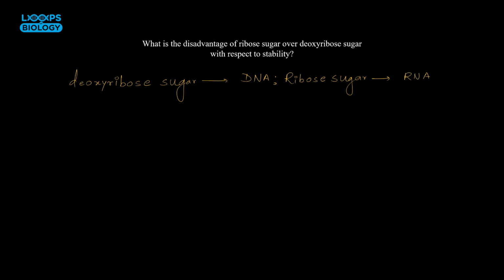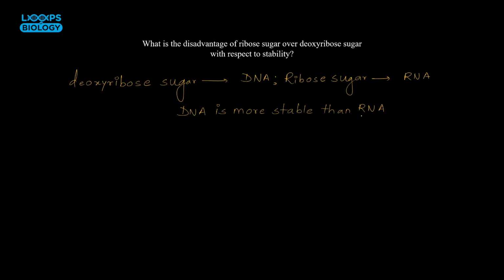Now, DNA is a genetic material. We have been learning since 5th standard that DNA acts as genetic material, and genetic material has to be stable. So DNA has more stability than RNA. DNA is more stable than your RNA.